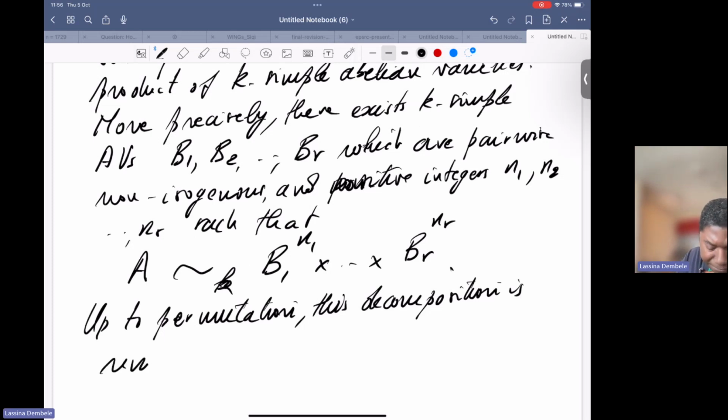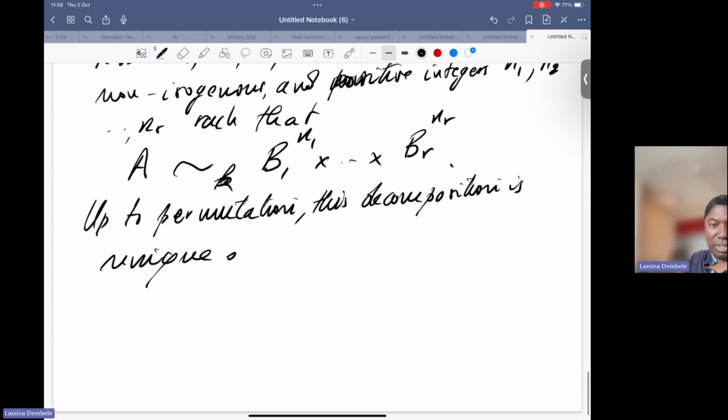Meaning that if you permute the factors, any decomposition would just consist of a permutation of these factors with the same exponents or multiplicities.